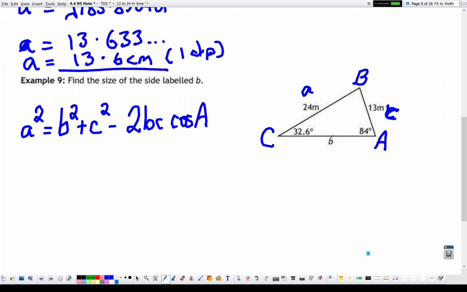So actually, I'm going to swap my A's and my B's around. So small a is going to become this missing side down here, which means capital A is going to be up the top, which makes 24 is going to turn into small b, and 84 degrees is going to turn into capital B.